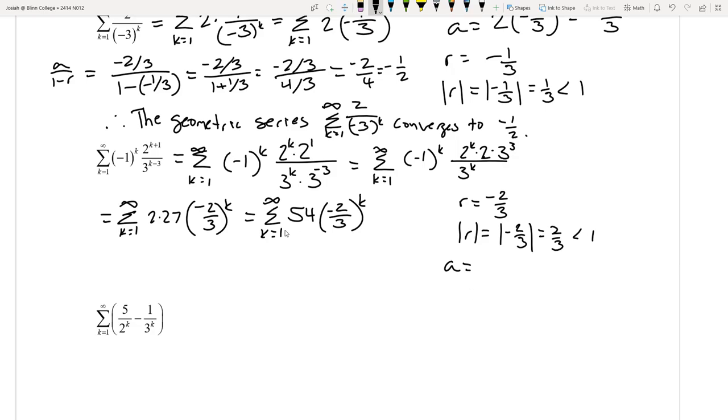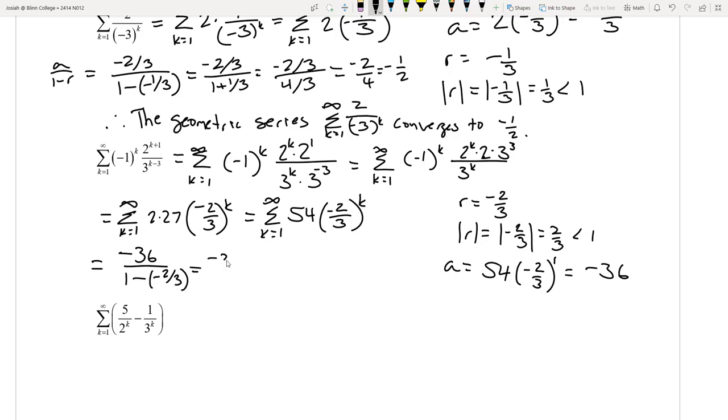So we just plug in. Since we don't have 0 here, we do have to plug in 54 times negative 2/3 to the first. So 54 divided by 3, and then times 2. 54 divided by 3 is 18, times 2 is 36, so we get negative 36. Then we can figure out a over 1 minus r.